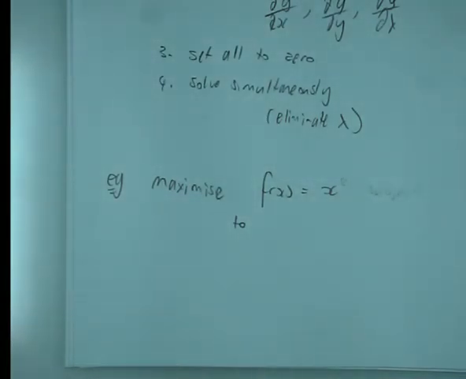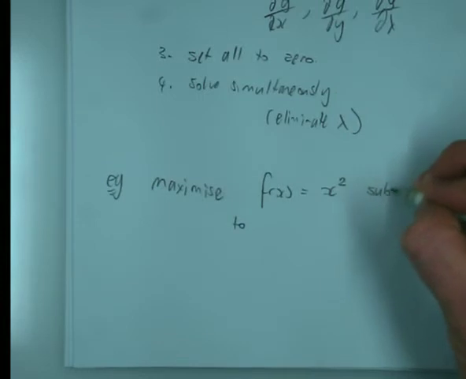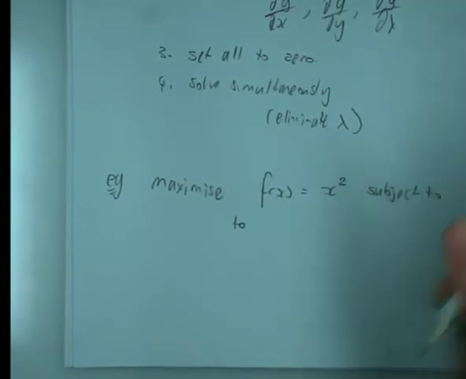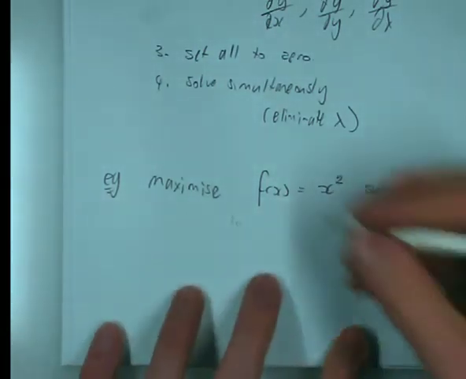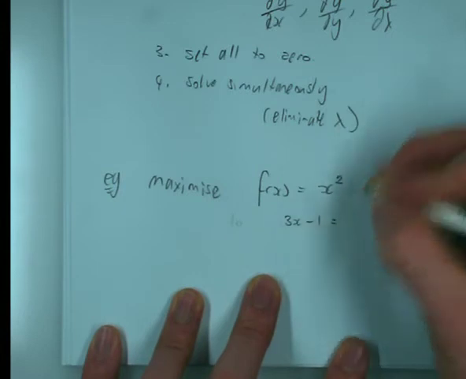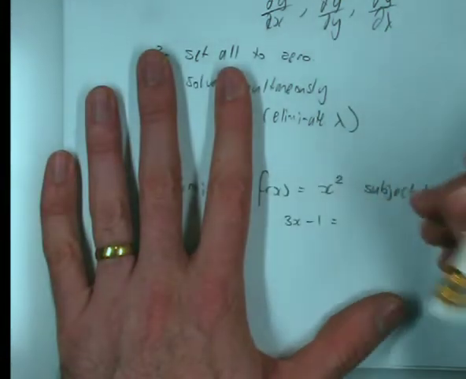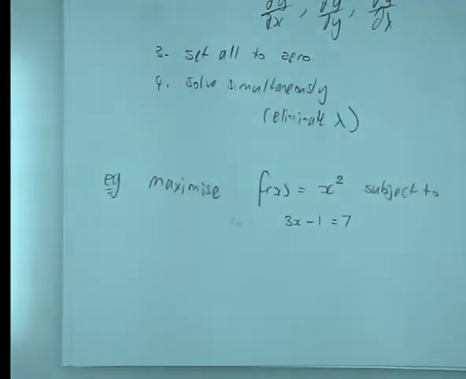It's going to sound stupid, but I want to do it for a one variable function. Let's maximize f of x equals x squared, subject to 3x minus 1 equals 7.